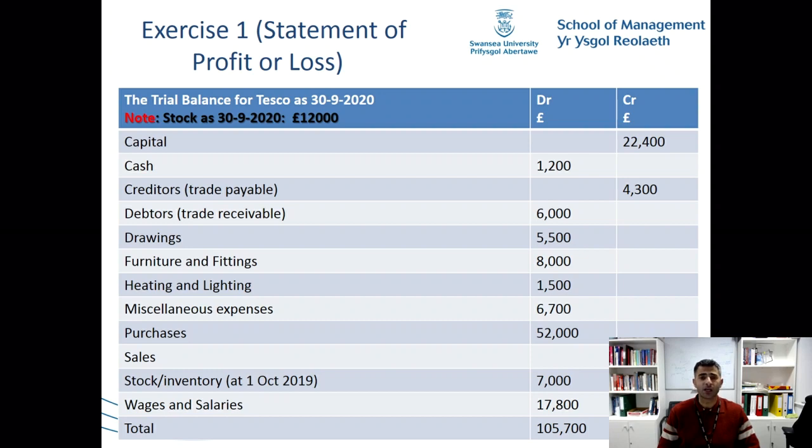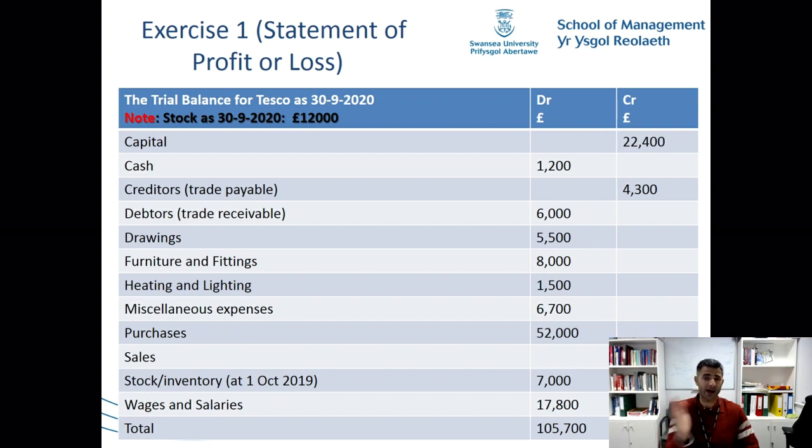Okay, so first of all, remember that every business, every company has a financial year. And the financial year doesn't mean it will start from 1st of January and end on 31st of December like a new year. No. The company can start in any month of the year. For instance, this company, I call it Tesco, has a financial year ending on 30th of September 2020.